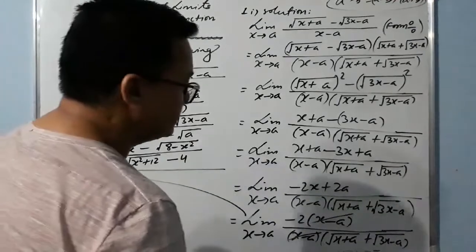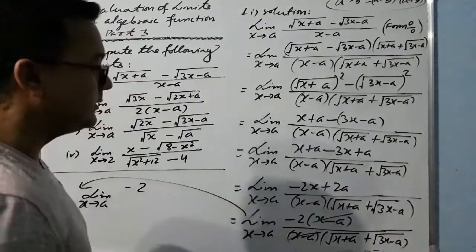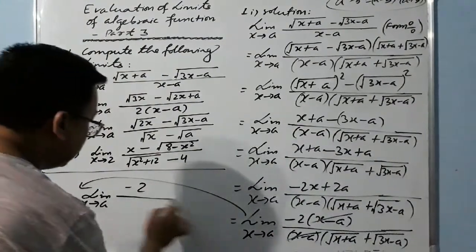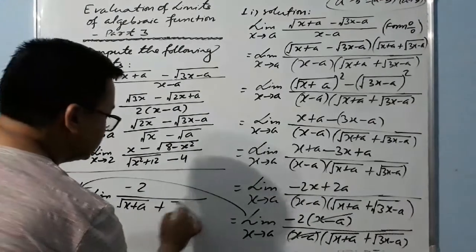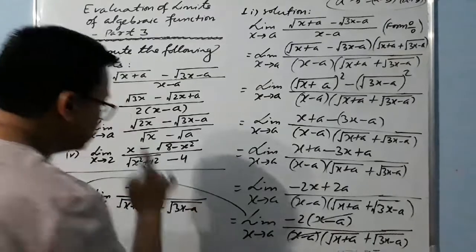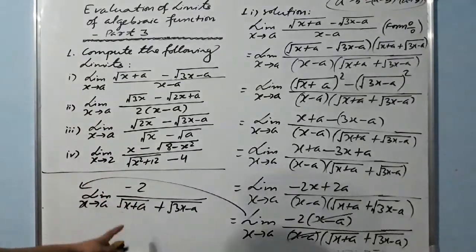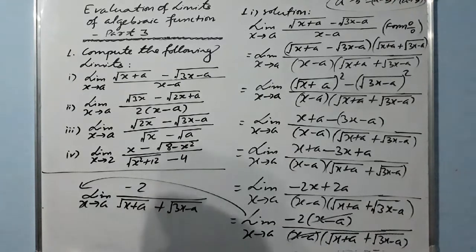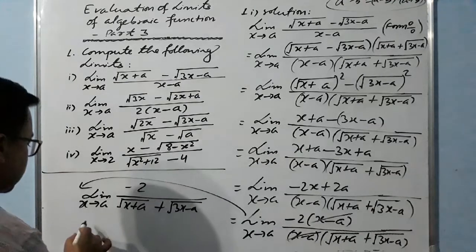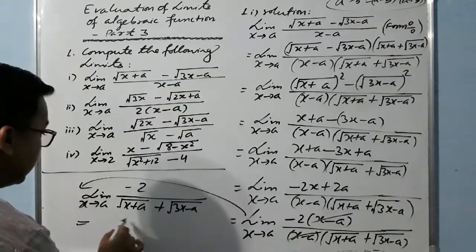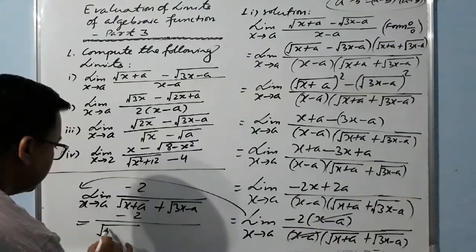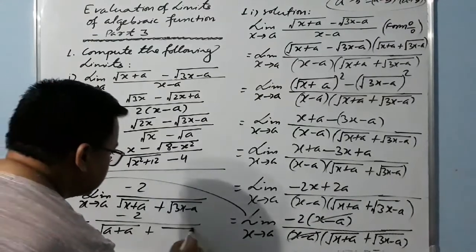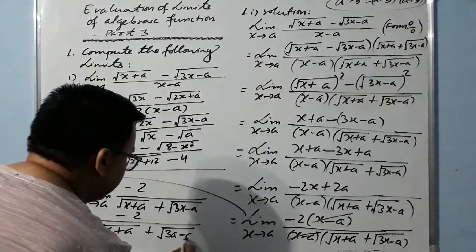We can cancel out because x minus a is not exactly 0, upon root x plus a plus root 3x minus a. If you see, this is now not in indeterminate form. So if it is not in indeterminate form, we can substitute the value of x as a: minus 2 whole upon root a plus a plus root 3a minus a.